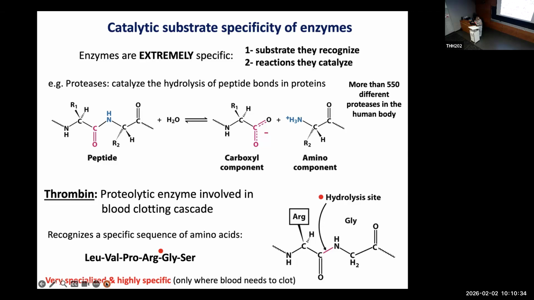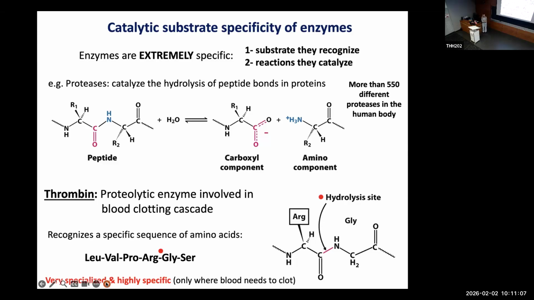So this is an example. This is not something you have to memorize, but it's an example of a specific protease called thrombin. This is an enzyme that is important in the blood clotting cascade, which is a sequence of different reactions that happen when you need to have blood clotting. So this one is so specific in that its substrate is a sequence of amino acids on a protein that has this particular sequence, which everybody knows now, right?